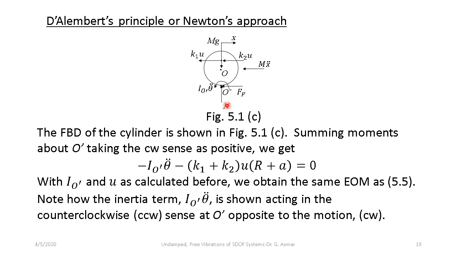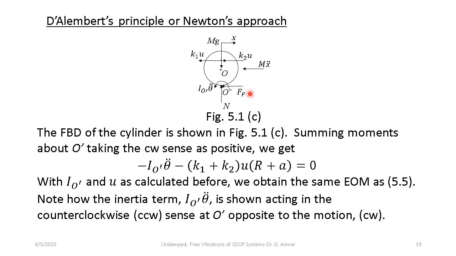N, which is the reaction from the support, acts up, and I'm also showing mx double dot, which again, according to D'Alembert's principle, is just another quote unquote force, although again, let me emphasize that this is not a real force. And this is acting opposite to the motion because motion is to the right here by x. Therefore, mx double dot is shown acting to the left at the center of mass.